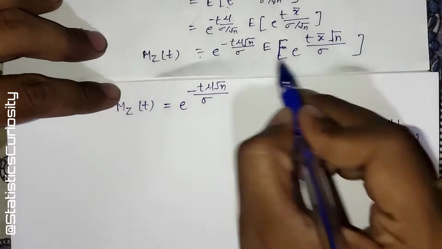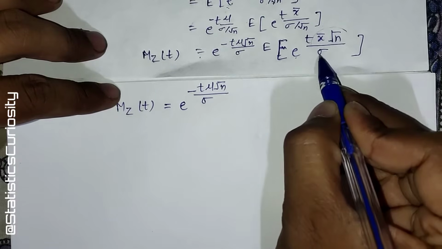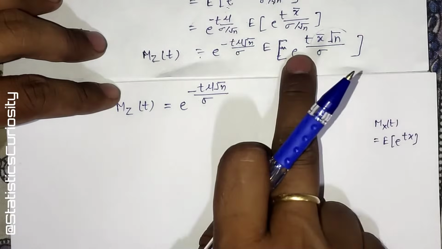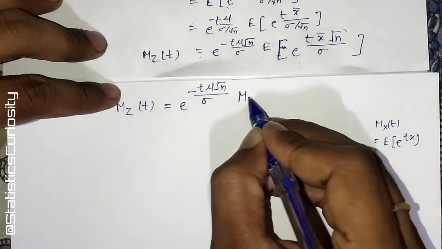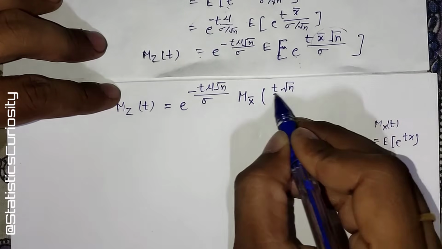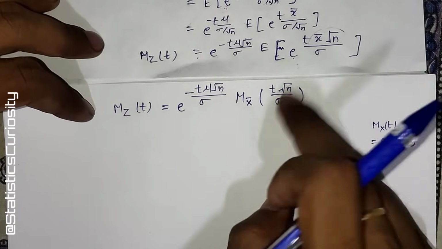So we can write this expectation of e raised to the power t under root n divided by sigma times X bar, and this X bar will be treated as X. We can write it as M X-bar(t under root n divided by sigma).